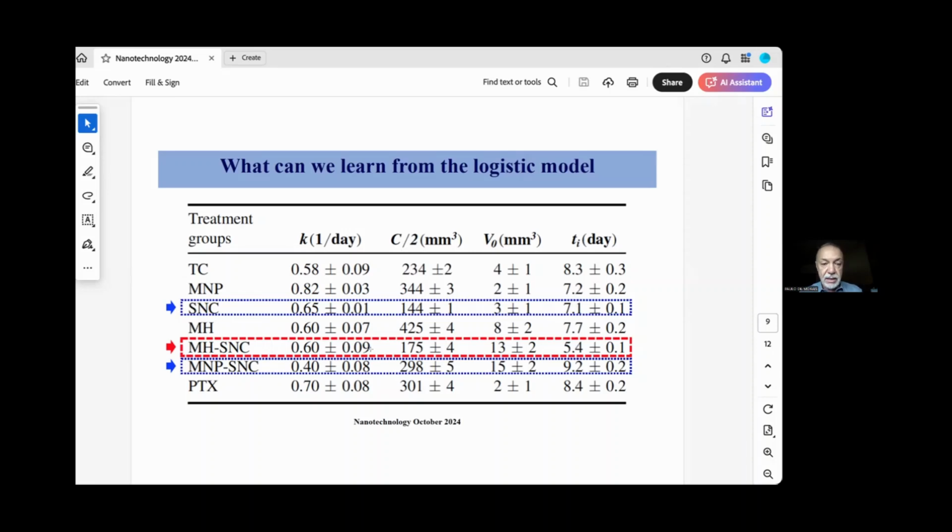Okay, so finally, if you look at the parameters, you can see that the shortest inversion time, which is about 5.4 days, is exactly with the animals that received magnetic hyperthermia treatment with cellular nanocapsules.